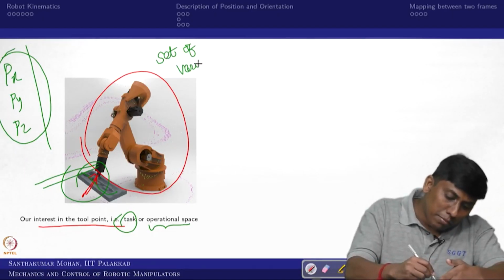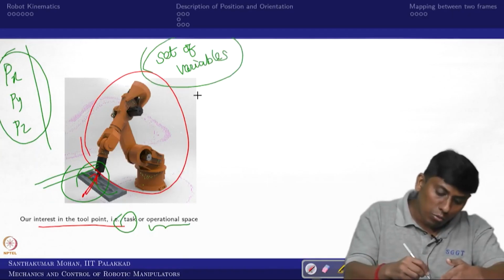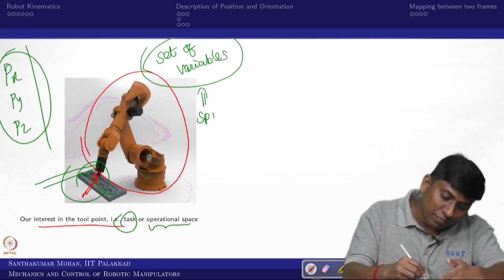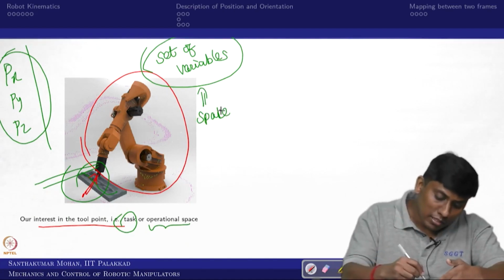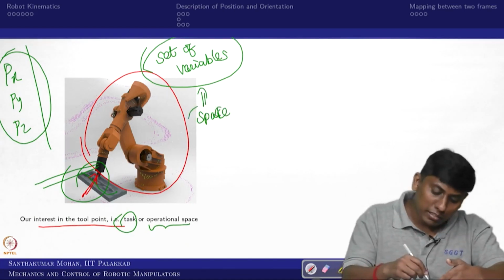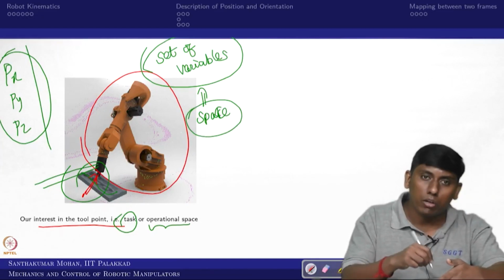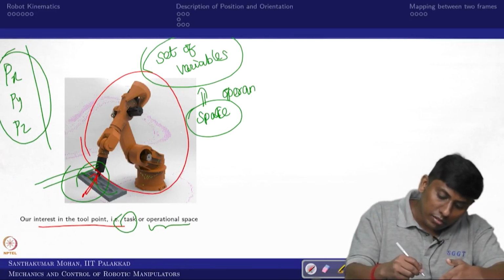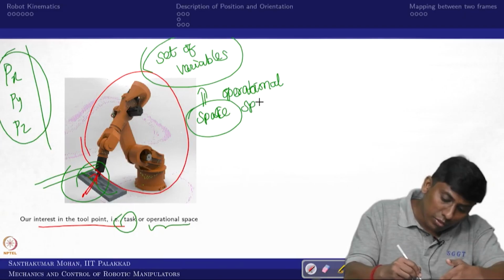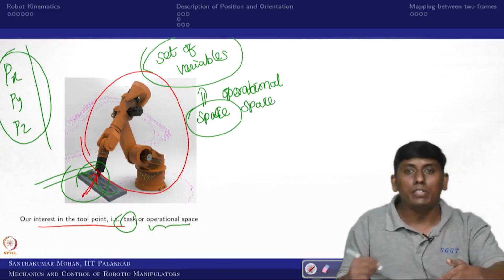So I am calling it, in mathematical terms, a space. This space is related to the task, or the operational entity, so I am calling it the operational space. This is what we are always interested in.